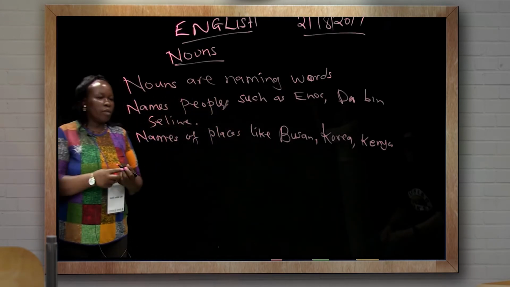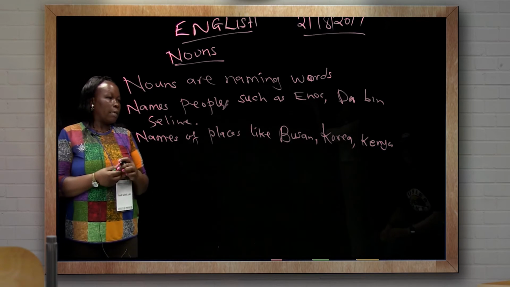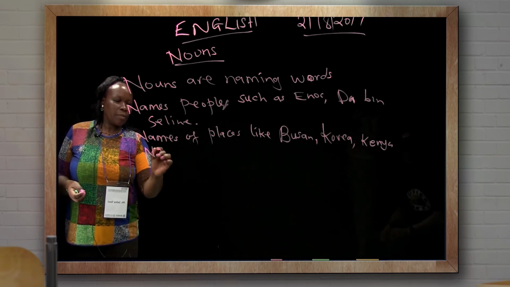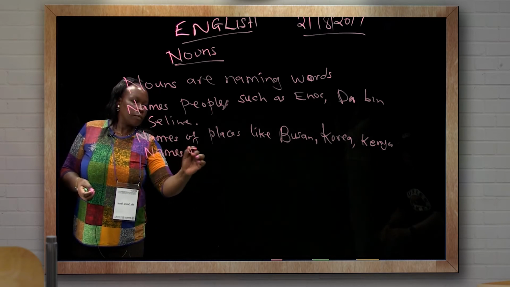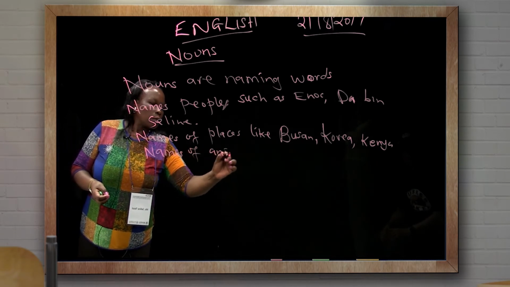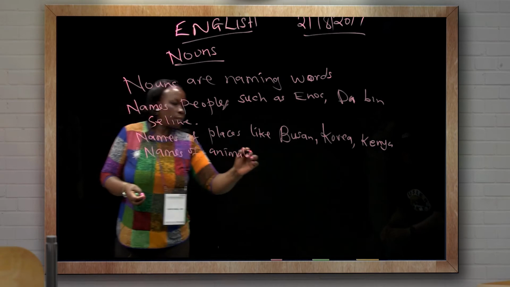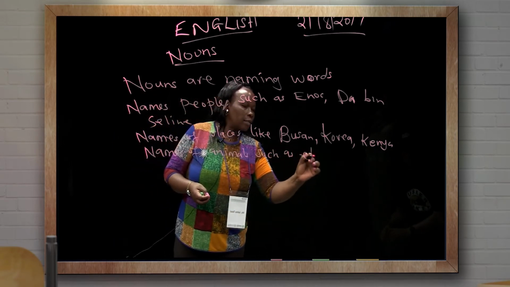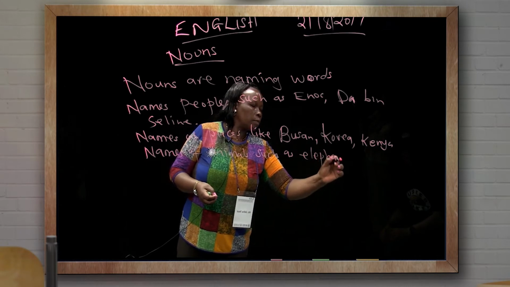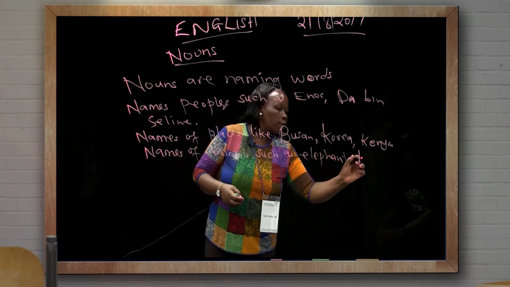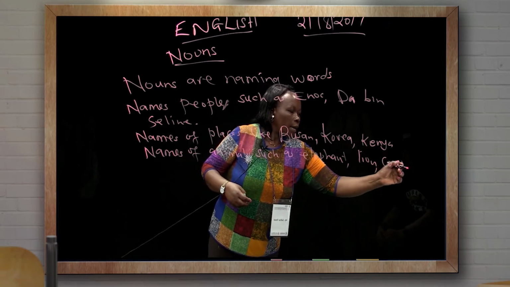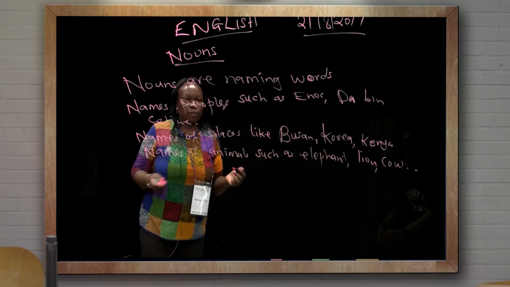Nouns can also represent names of animals, such as elephants, lion, cow, and many other animals.